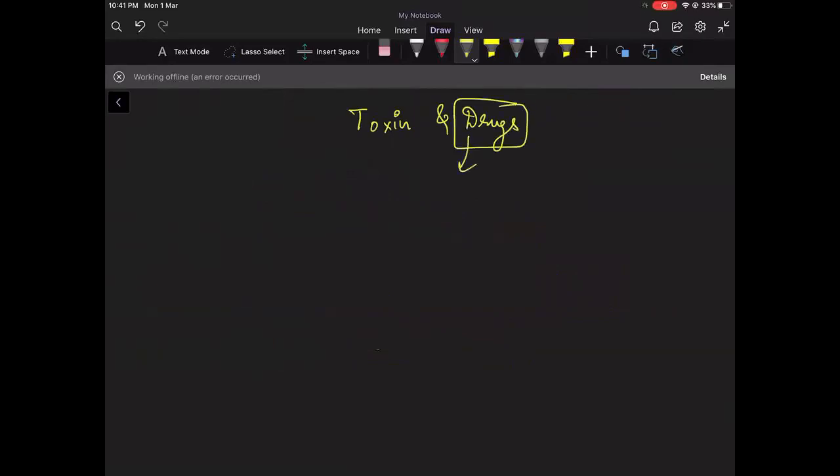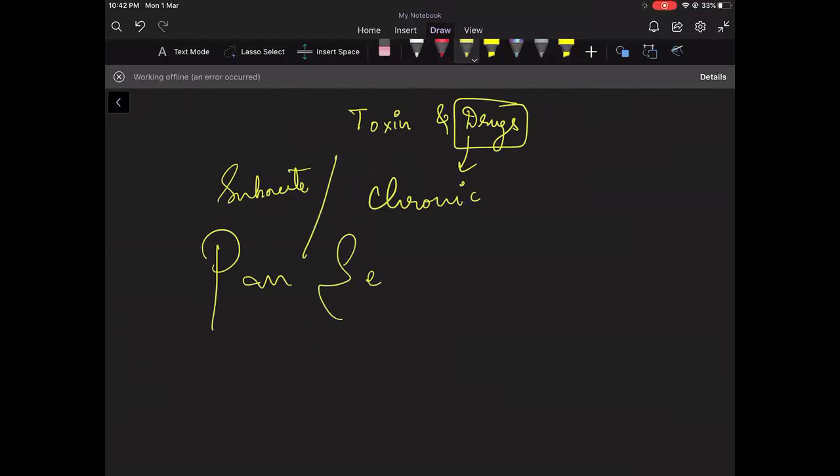With respect to drugs, almost all the drugs produce chronic or subacute pan-sensory involvement, and it is usually axonal kind of neuropathy.